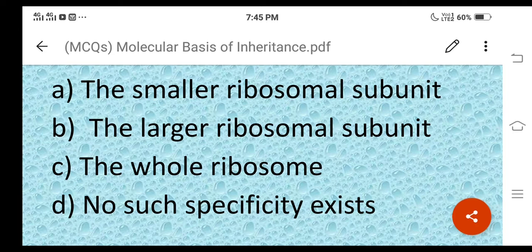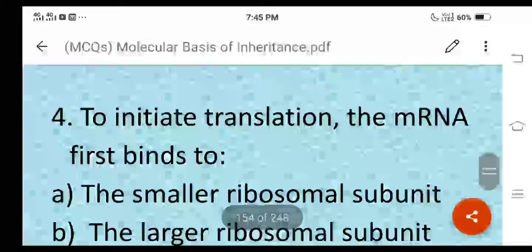When we study the protein synthesis part, what is the beginning step? During the initiation of translation, the mRNA will first bind to the smaller ribosomal unit. Option A is the correct answer, right?